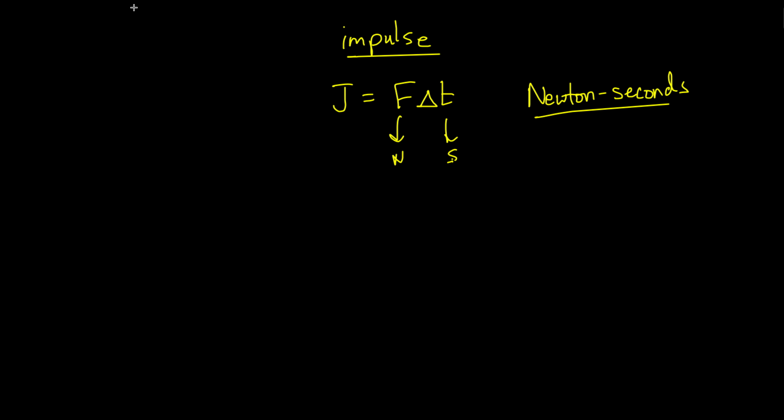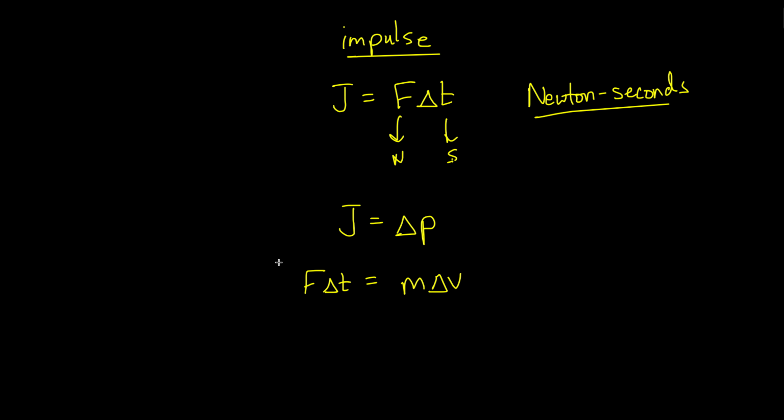Now, as we saw earlier, we said that impulse is equivalent to the object's change in momentum. And we can actually take this equation and break it down into its components. Breaking down J, we get force times the change in time. Breaking down change in momentum, that's m times the change in velocity.